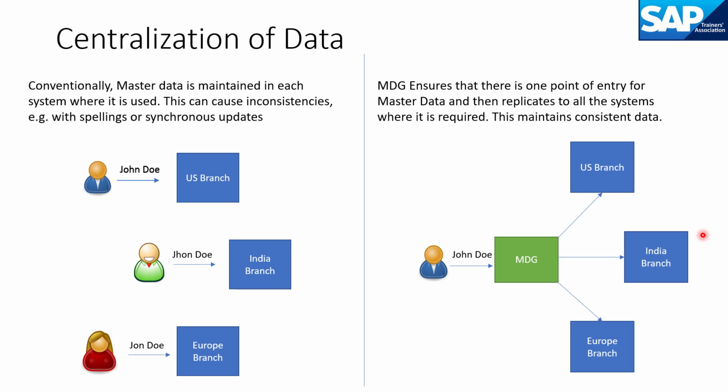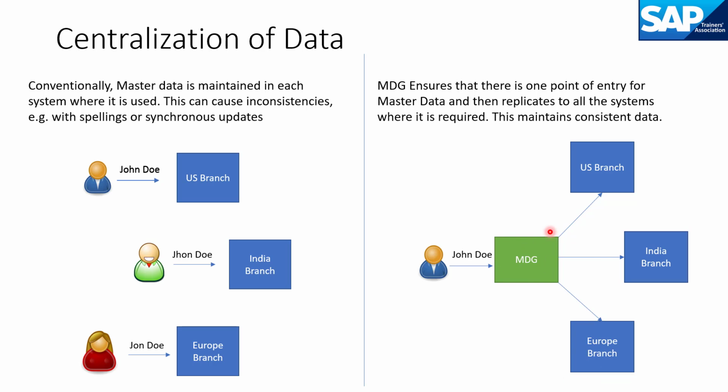This is a picture that I want you to remember when we talk about the hub model. Hub means MDG is one system and it is connected to multiple other systems. You enter data in MDG and it gets replicated to all other systems. What the other systems do is the transactions. They create sales orders, purchase orders, and all other kinds of transactions.